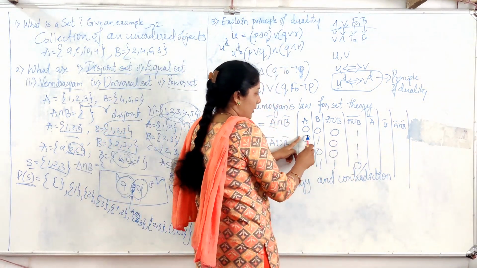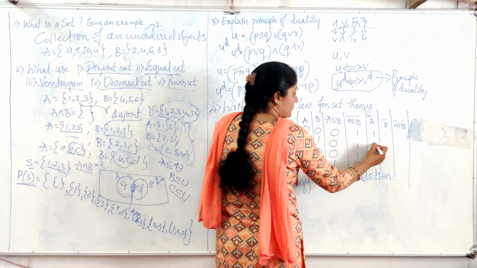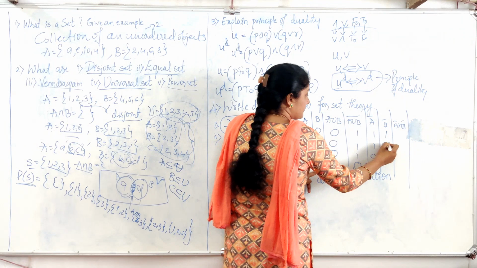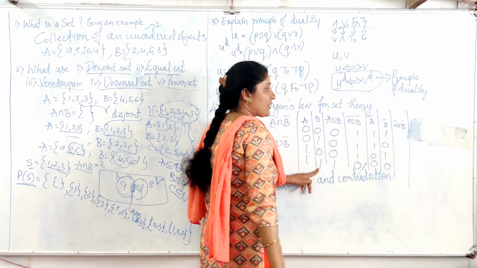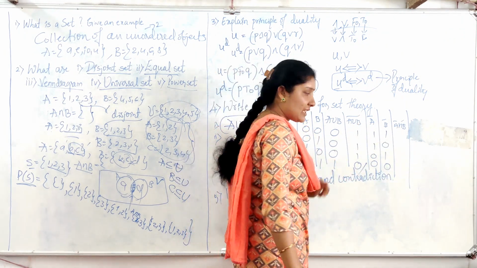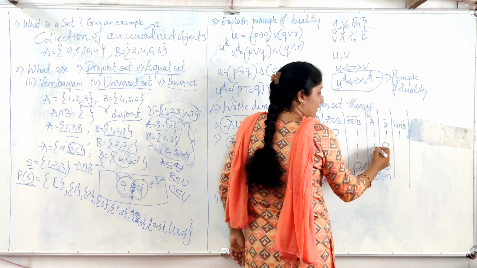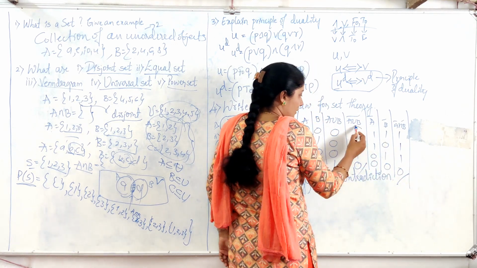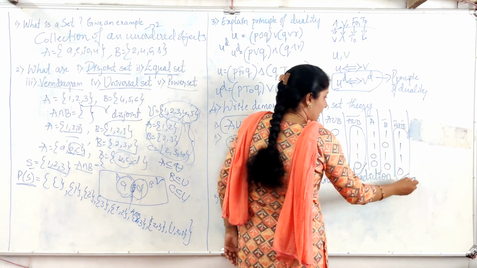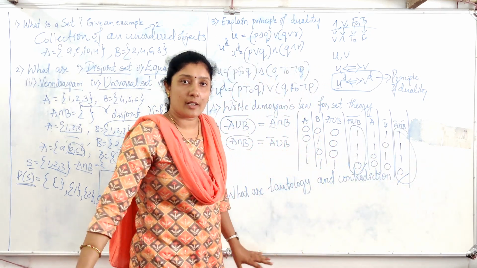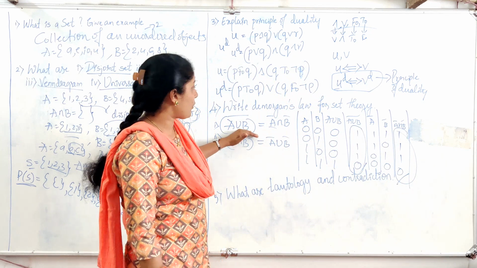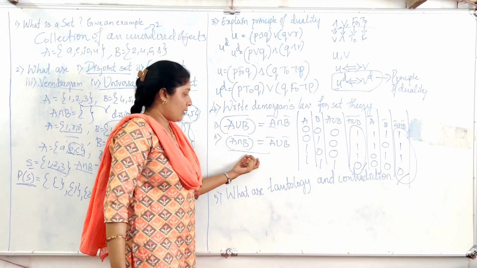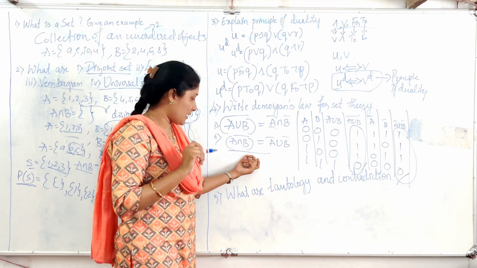A bar means complement of A. B bar, complement of B. A bar intersection B bar: all of these. 1, 1, 1, 0, 0, 1. So this is RHS. So verify whether the LHS is equal to RHS or not. Yes, this is the proof of De Morgan's theorem. Similarly, you can go for proving the second De Morgan's theorem also.